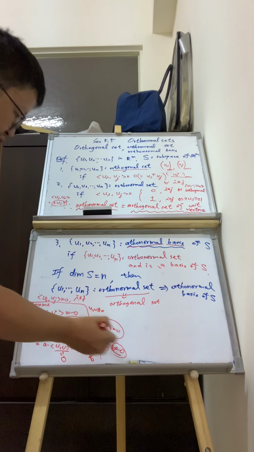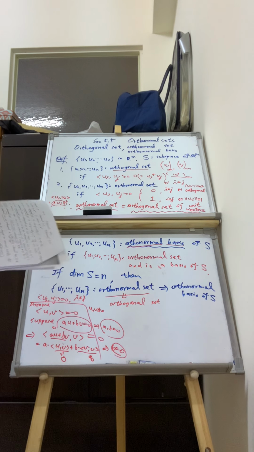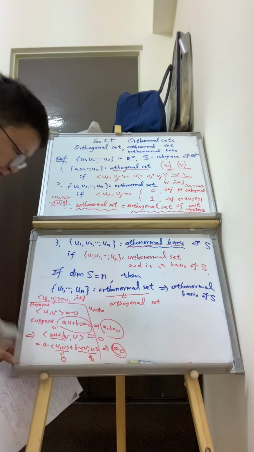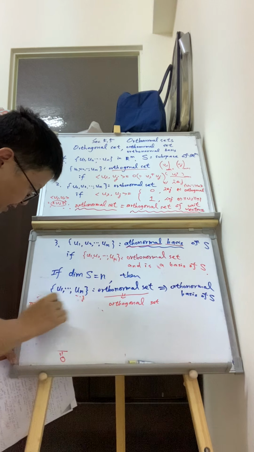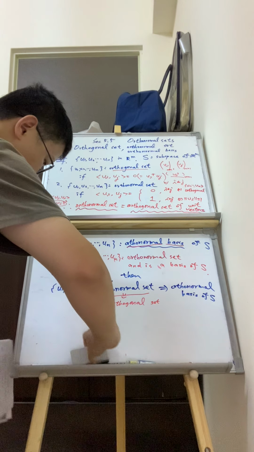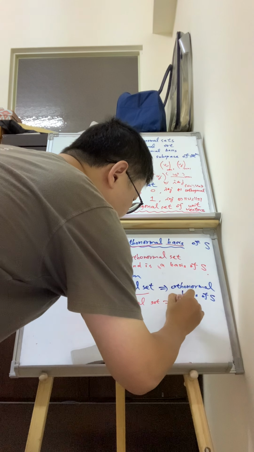So indeed we could figure this out. In other words, U and V are independent. Following a similar idea, we could see that an orthogonal set must be linearly independent.